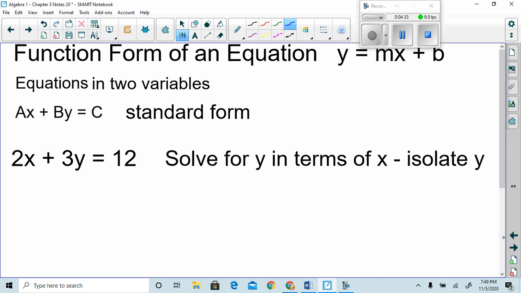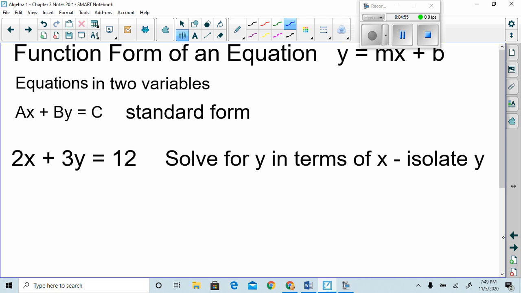Now I want to move on to the function form of an equation. Many times when we look at an equation in two variables, for example, 2x plus 3y equals 12, that's in what we call standard form. We want to rewrite this in function form, which you may know as slope-intercept, y is equal to mx plus b.